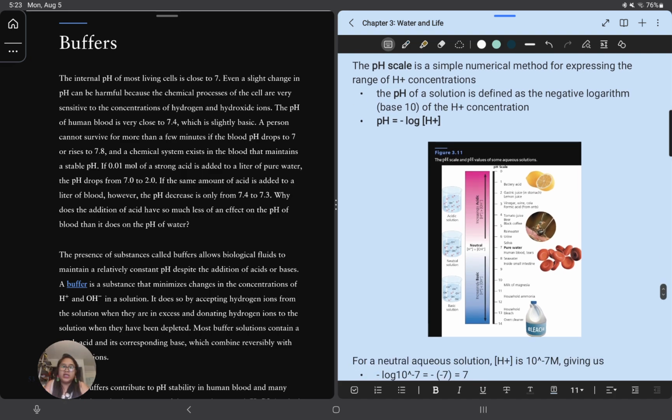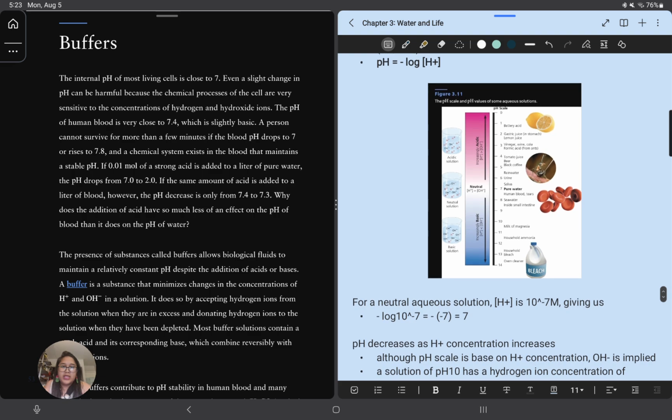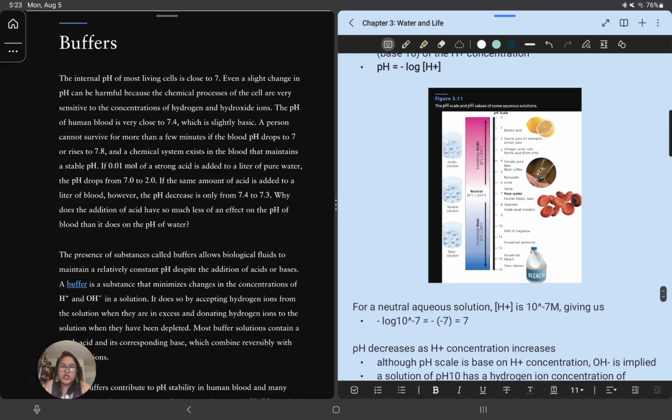The pH scale is a simple numerical method for expressing the range of hydrogen ion concentration. The pH of a solution is defined as the negative logarithm base 10 of the hydrogen ion concentration. And I put pH equals negative log hydrogen ion.